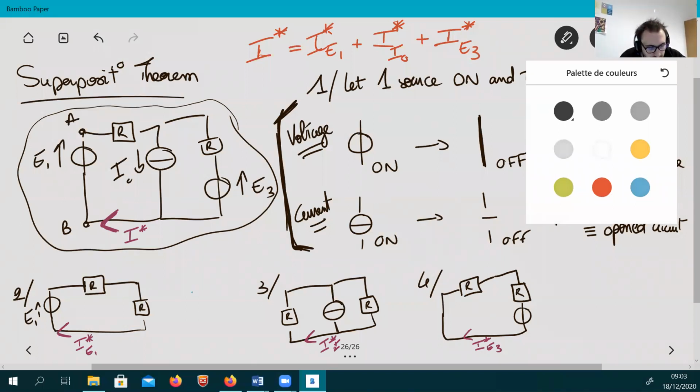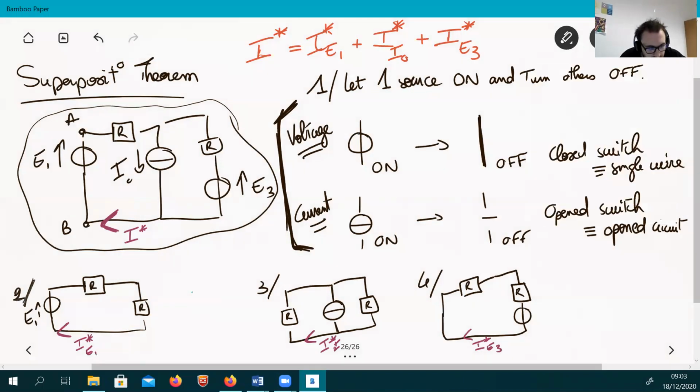To be clear, let's move to this circuit where I only have the source E1 on. You can see that these two are in series, and associating them is not going to change the current flowing through them. So you can clearly get straightforward I star E1 equals E1 over 2R.